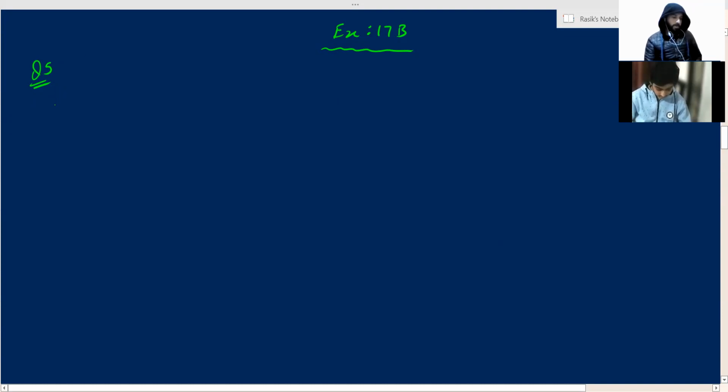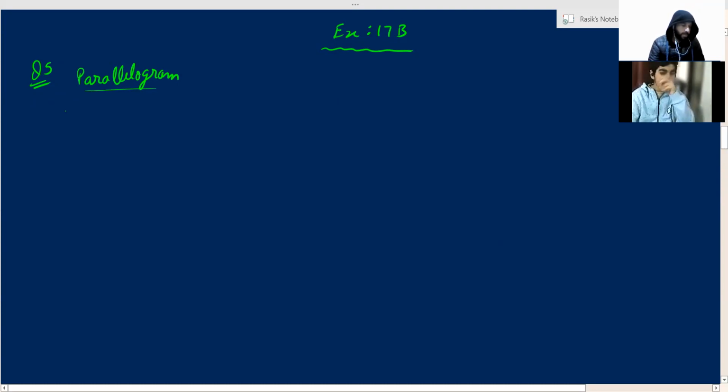Construct a parallelogram, one of whose sides is 4.4 centimeters. We have to construct a parallelogram, so please mention the name of the figure. It is a parallelogram.